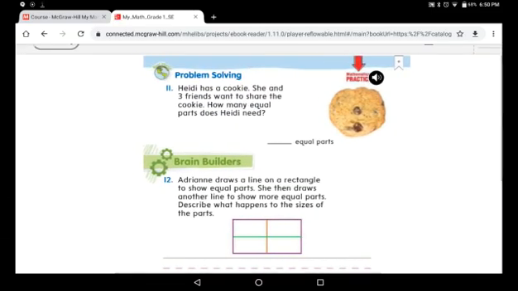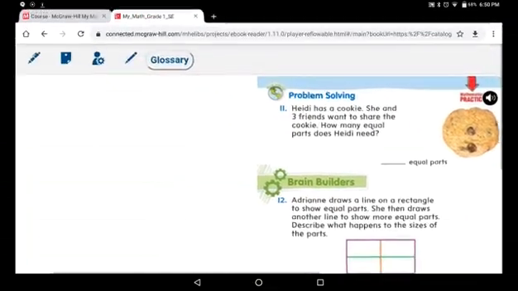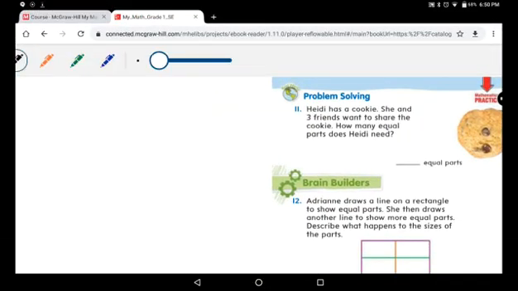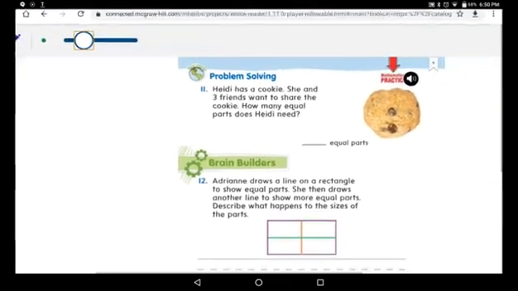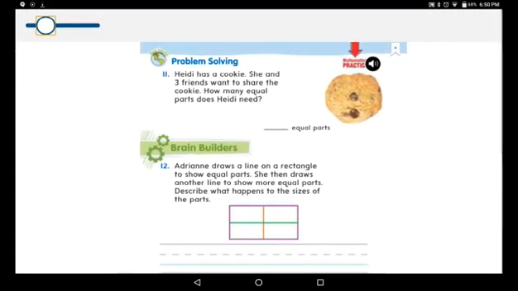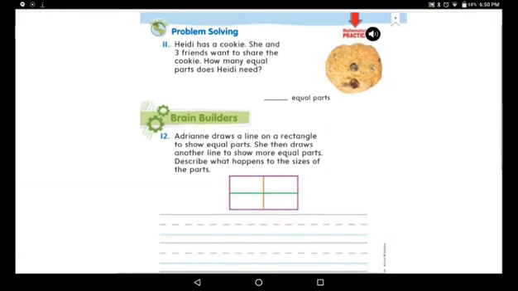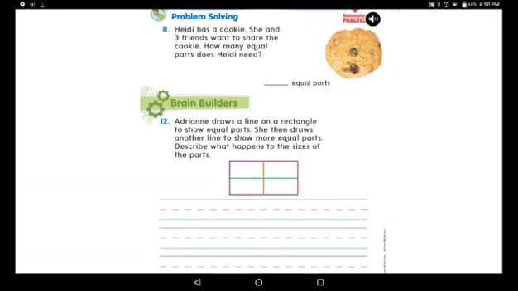This is the last page we will solve together now. We will solve question number 11. Heidi has a cookie. She and 3 friends want to share the cookie.